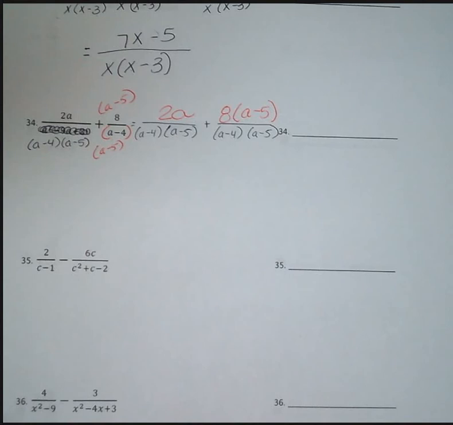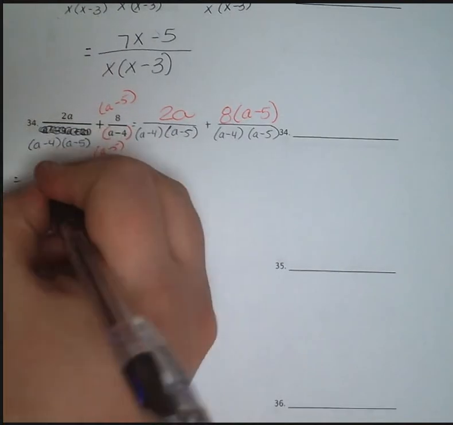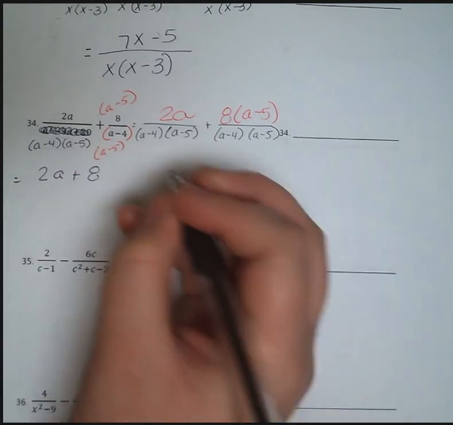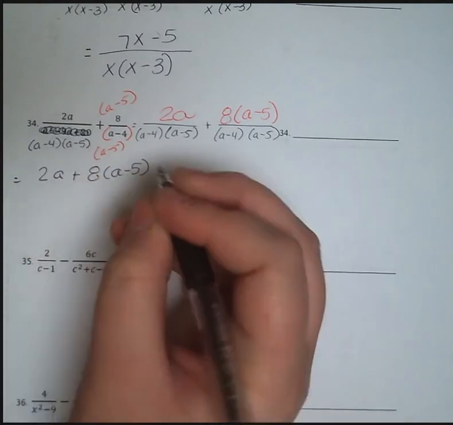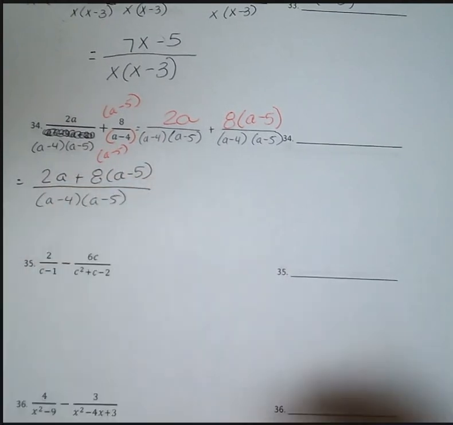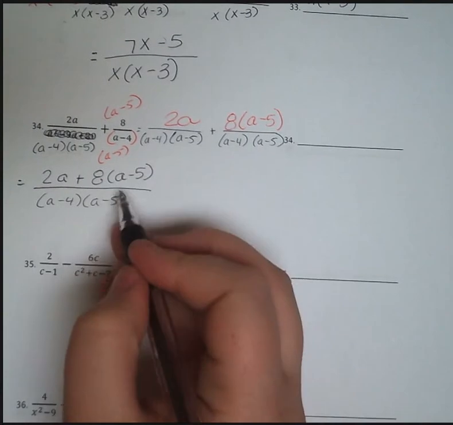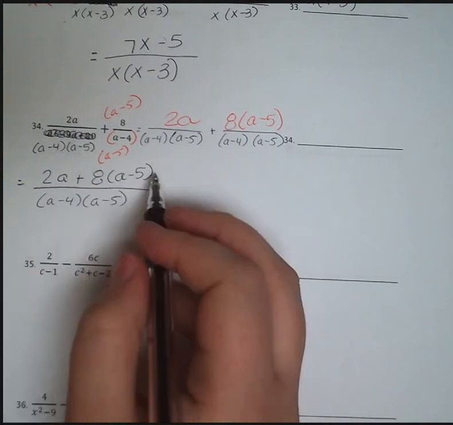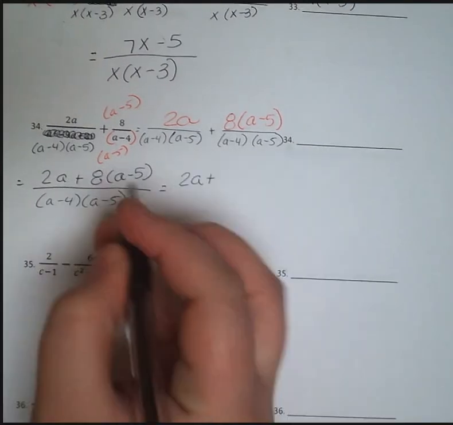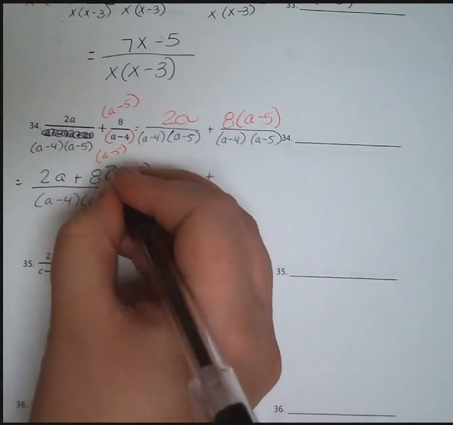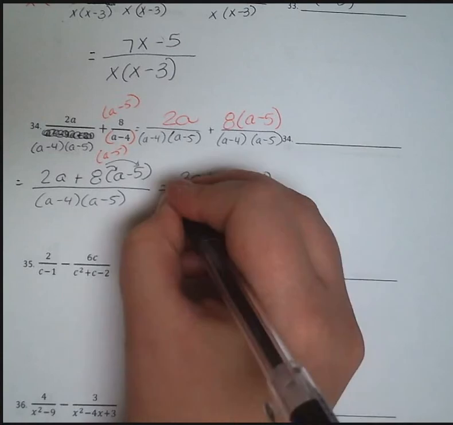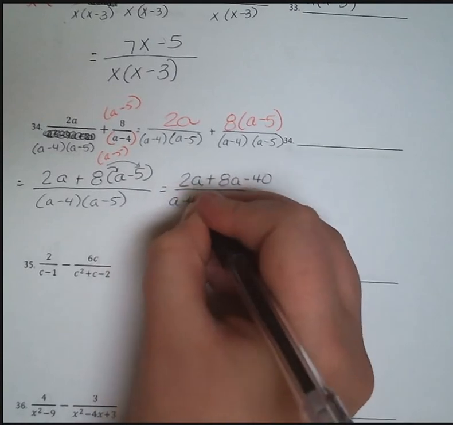So now we write everything over the same denominator. Remember, you cannot simplify just yet. You have to combine your entire numerator first. So you get 2a plus, distribute your 8 to get 8a minus 40 over a minus 4, a minus 5.